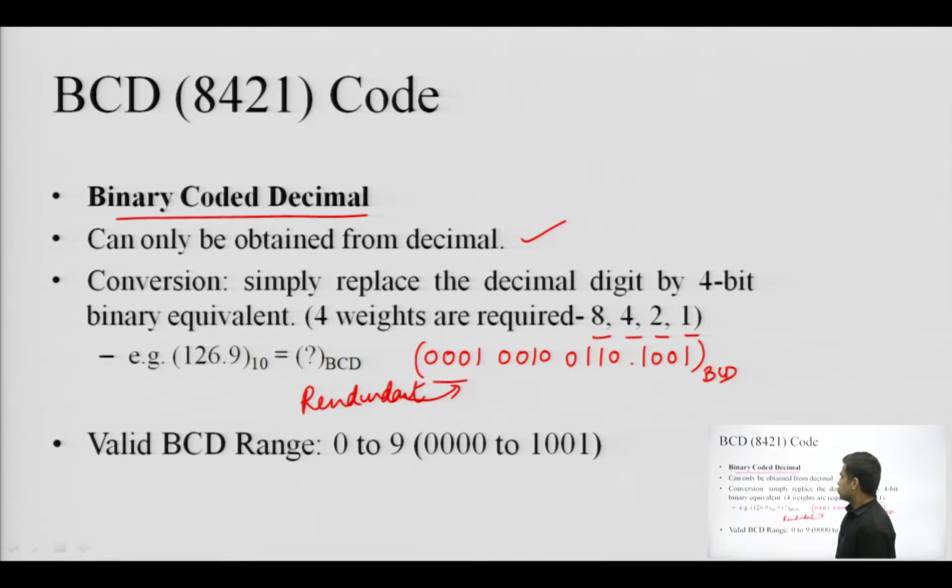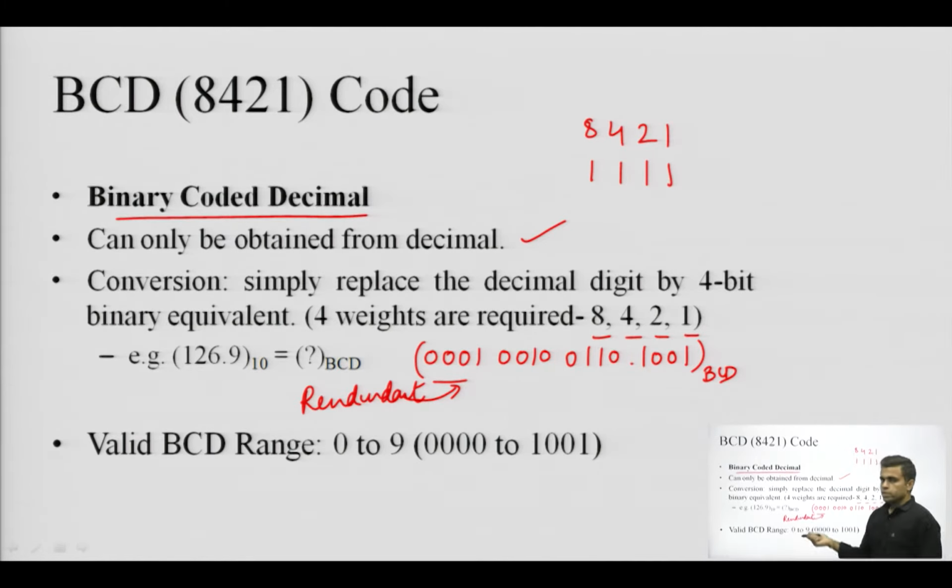So, what is the range of valid BCD? As we can see, the decimal is from 0 to 9. So, when we convert 0 to 9 by replacing them by the 4-bit binary equivalents, my range should be 0000 to 1001. But using this 8421, using these 4 weights, the maximum number that can be obtained is 8 plus 4 plus 2 plus 1, that means 15.